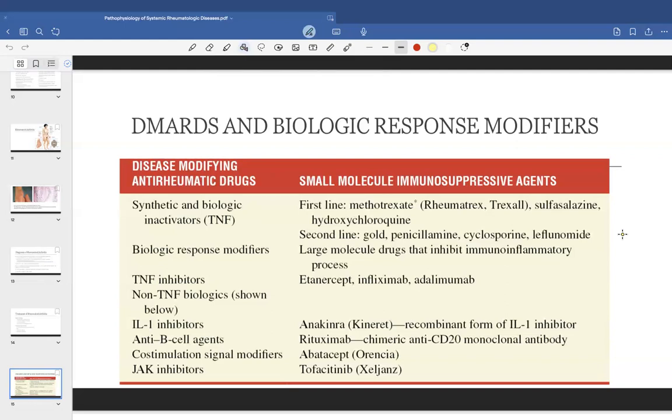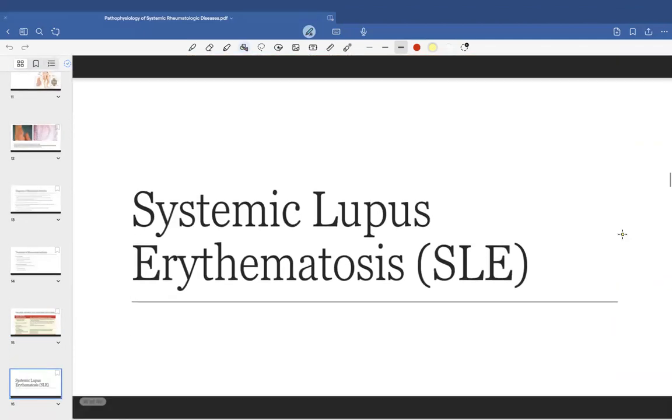There is some investigation now into even another inflammatory pathway for rheumatoid arthritis. So stay tuned. Things will probably change, maybe even before you graduate.